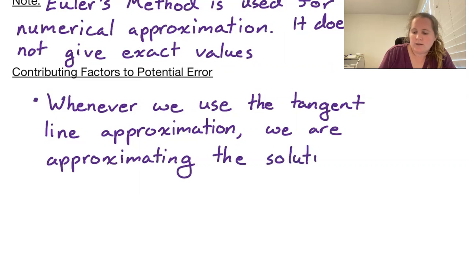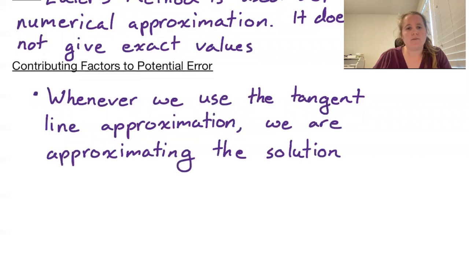And then also each time we set our new initial condition, that new initial condition is already off due to the tangent line approximation.